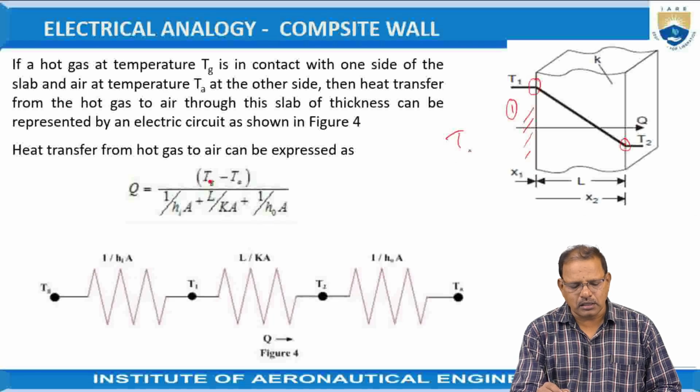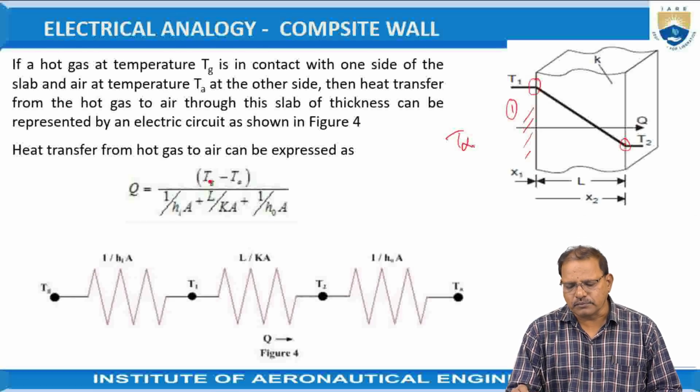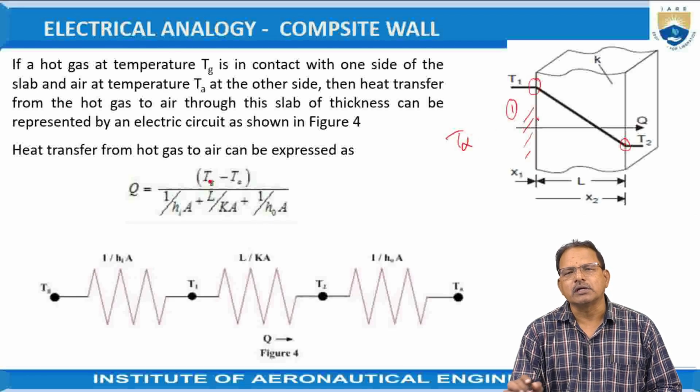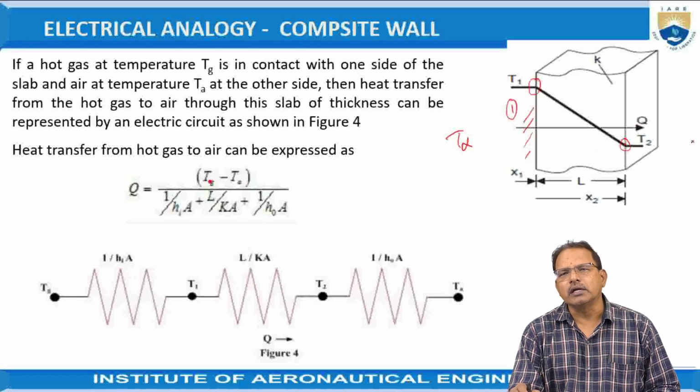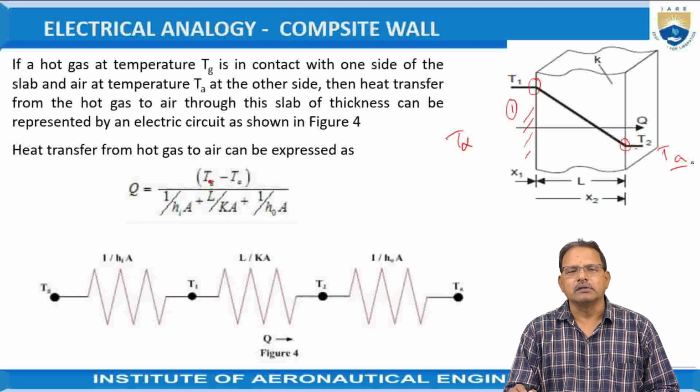Assume T alpha is the temperature of the hot fluid, which is greater than T1. Heat flows from the hot fluid to T1 by convection. From T1 to T2, within the metal, conduction takes place. From T2 to the ambient air, that is the environment, it flows by convection. TA represents the air temperature.